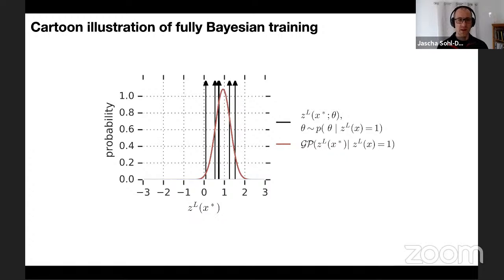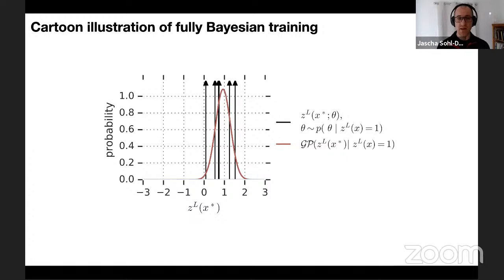So here in this updated plot, the x-axis is the logit value for the test point, and the y-axis is the probability of observing that logit value. And the distribution over test set predictions from this posterior parameter method corresponds to black delta functions.